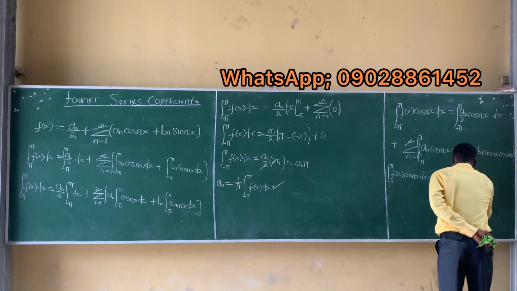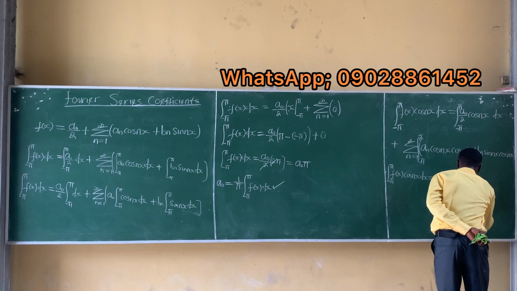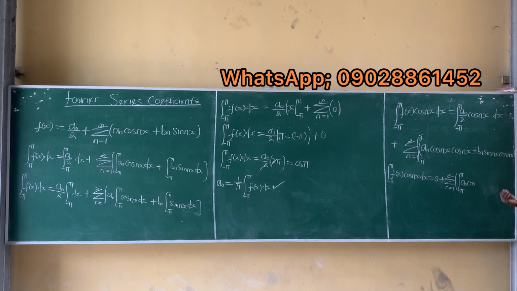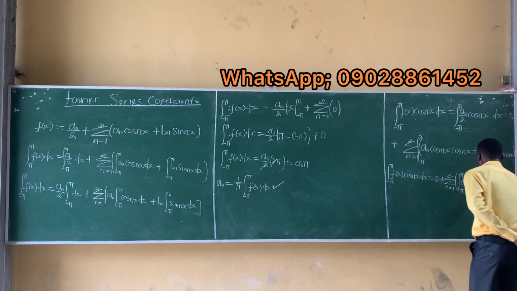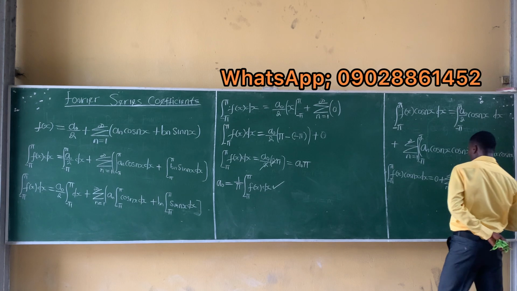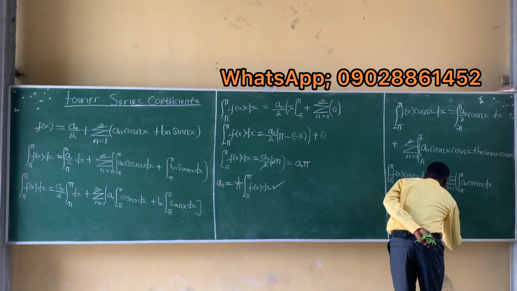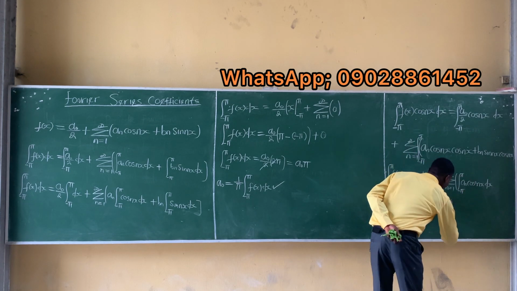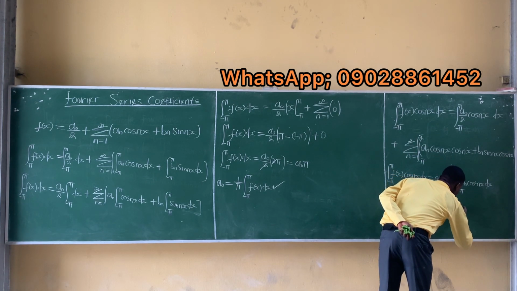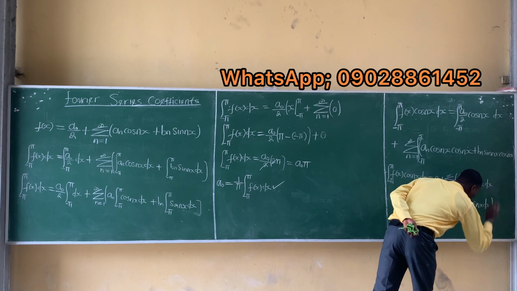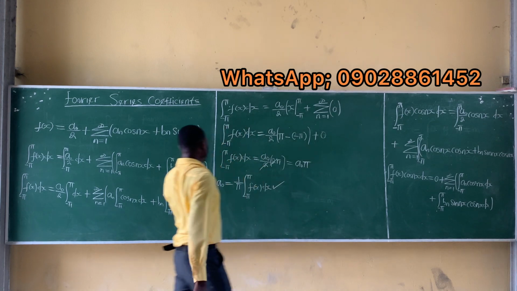So we have the integral from minus pi to pi of an cos square nx dx, plus the integral from minus pi to pi of b sub n sin nx cos nx dx. Then we close our brackets.